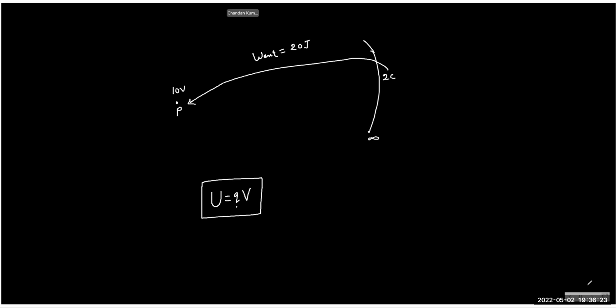Now there is one more relation which we should be aware of. That's the potential difference within the electric field and the work relation.